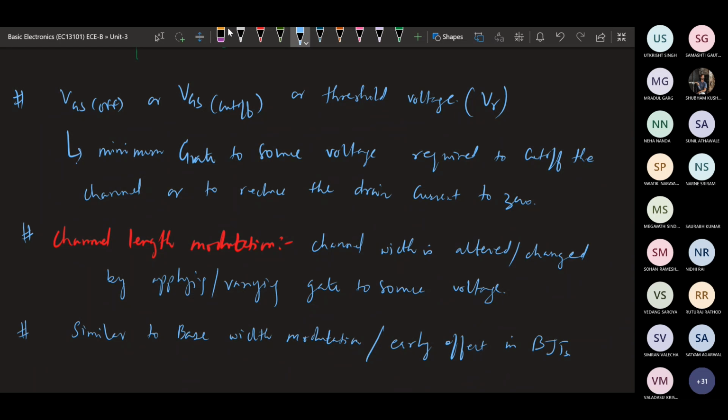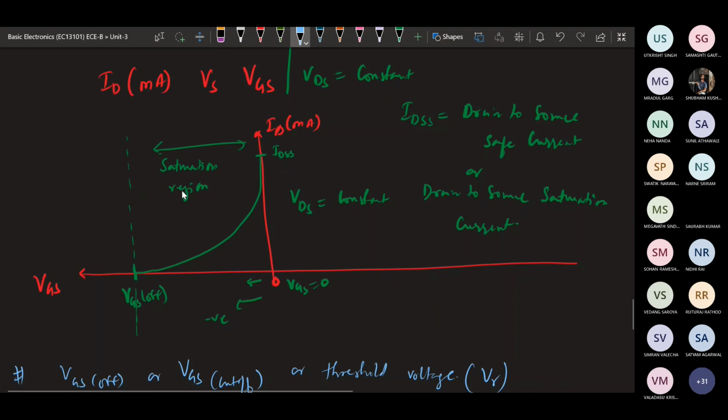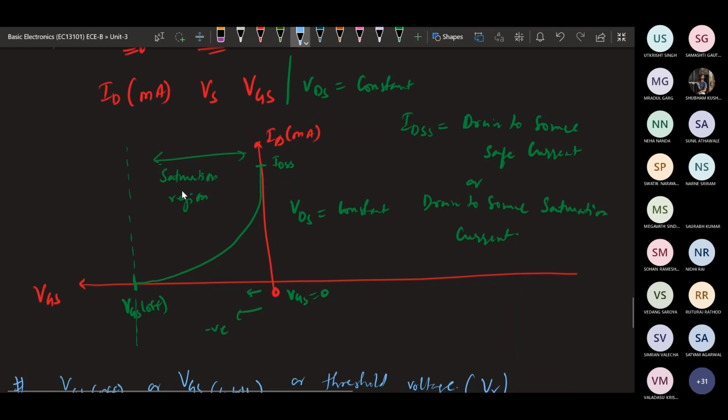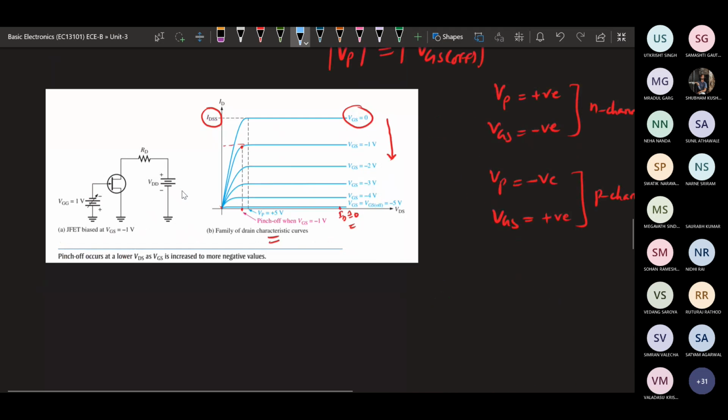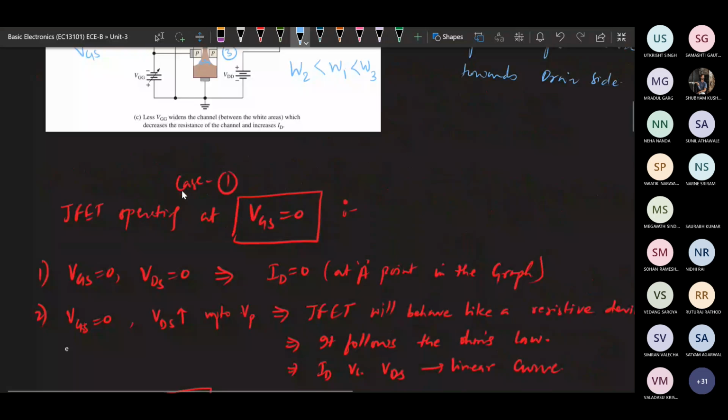So this is all about your drain and transfer curve of the JFETs. Okay, so a similar analysis we can do for P-channel JFETs also. Okay, so this is all about the operation of N-channel JFET.